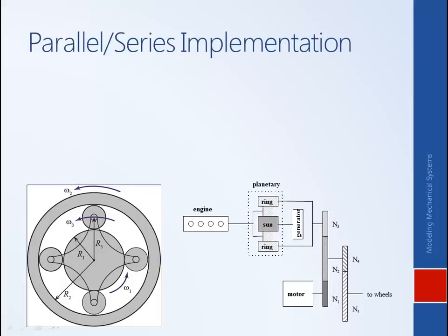Basically, by including both with this extra power plant, you get the advantages of a parallel architecture and a series architecture. You get 2 degrees of freedom as opposed to just the 1 degree of freedom that the individual architectures offer you. In essence, you can operate the engine and the motor independent of one another and independent of what is being requested at the wheels.